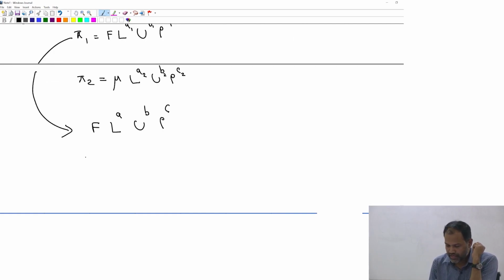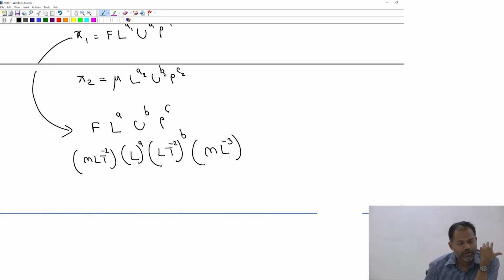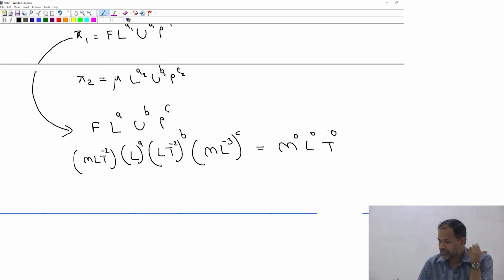F has the dimension of mass, length, T to the power minus 2, into length to the power A, U is L, T to the power minus 1, to the power B, rho is M, L to the power minus 3. If I want that to be a non-dimensional number, it has to be M to the power 0, L to the power 0, T to the power 0.